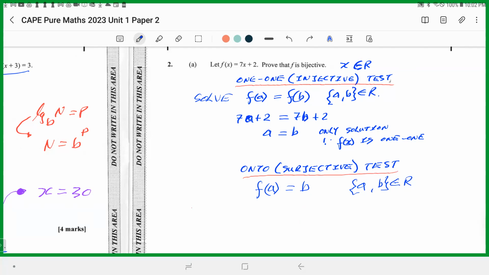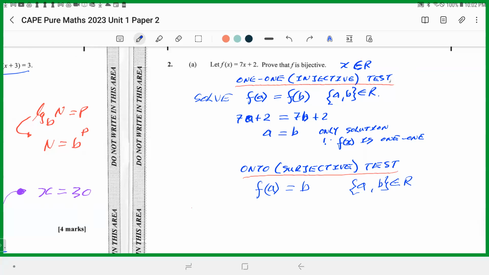If there's no b value that can cause you not to have a real a value, then it means that the function is onto. There's no codomain value that does not have an object in the domain mapping to it. All values in the codomain are an image of a value in the domain. That's what you basically want to do.